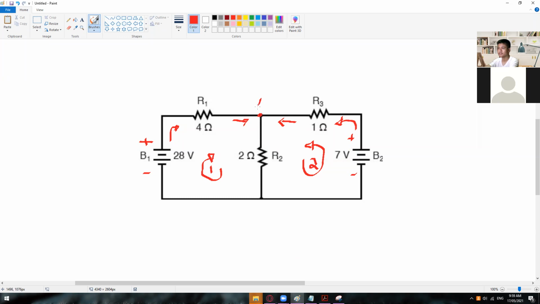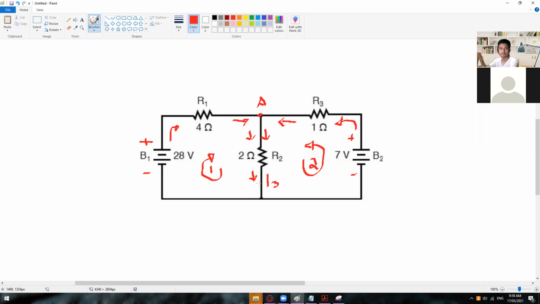So this is node A, and then we have a current that will leave that one. As you can see, I1 and I2 have the same flow of current. So in that case, we could say that I1 and I2 will be combined as your I3.